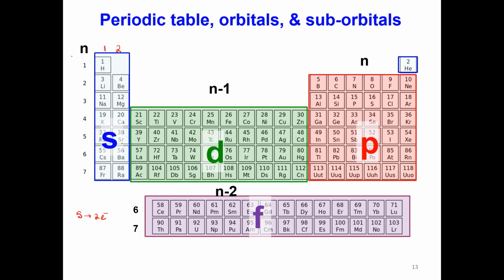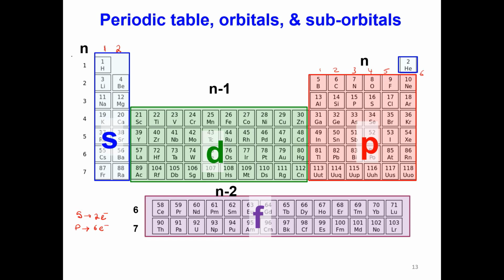We know the P shell holds up to 6 electrons, and this is why the number of columns in the P block is 6. Then we can see here 1, 2, 3, 4, 5, and here we have number 6.